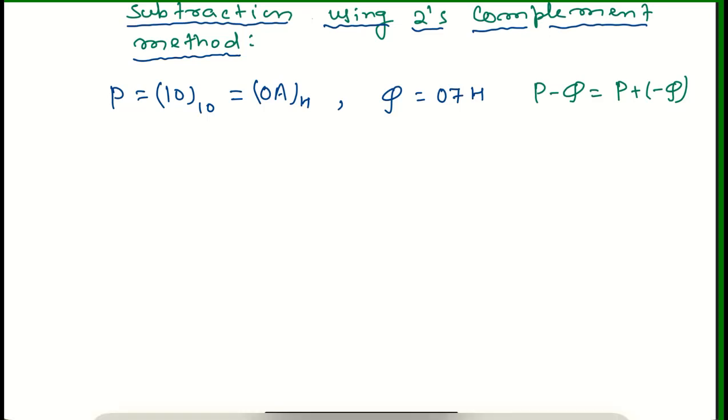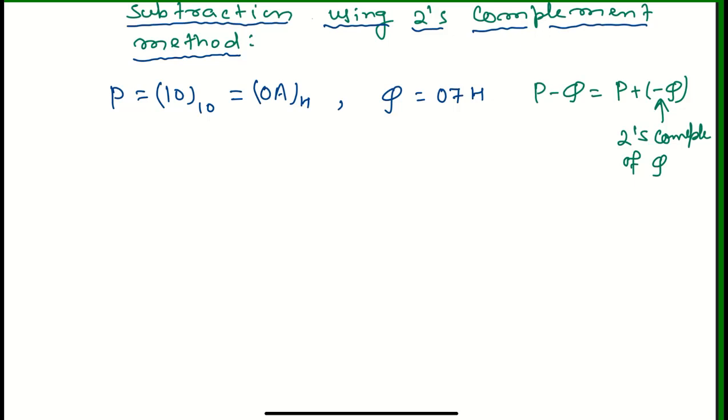So here we need to add P with the 2's complement of Q. The 2's complement of Q gives minus Q, which is added with P, ultimately performing P minus Q. So here we have to see how to do this.